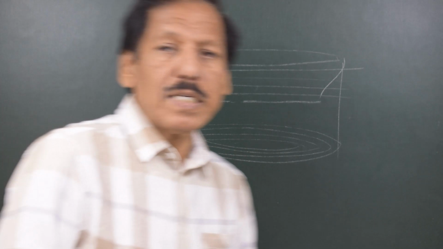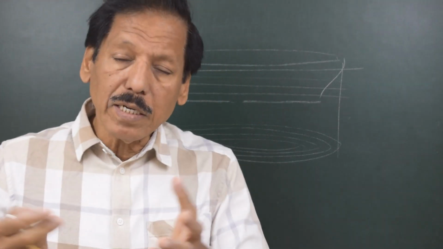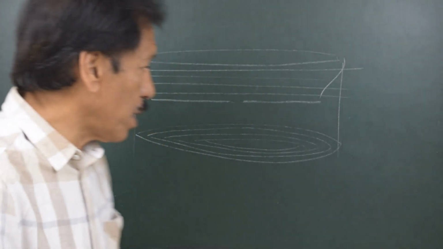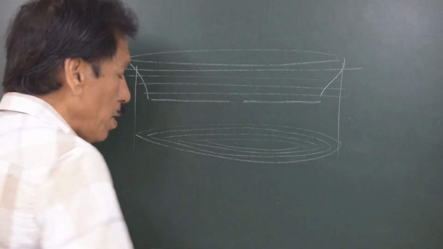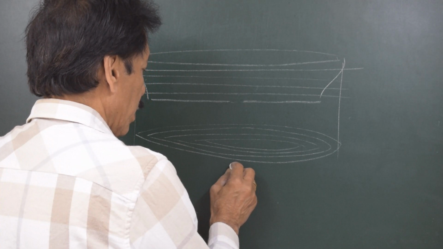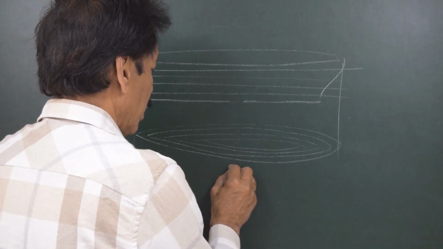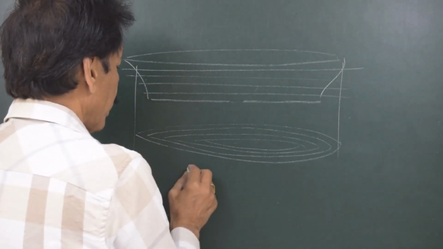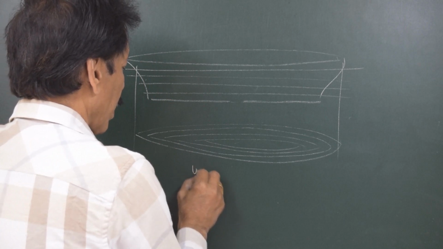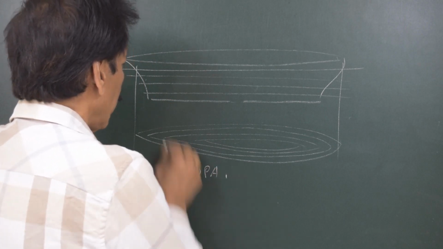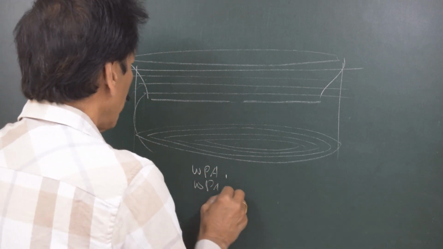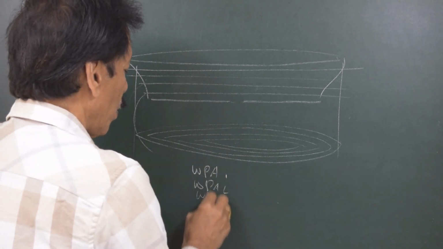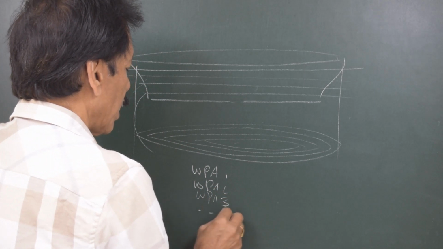If we Simpsonize these water plane areas with the bottom ordinate as the first ordinate, and we take the moment about the bottom ordinate, that means the bottommost one is WPA 1, this one is WPA 2 and the third one is WPA 3, etc.